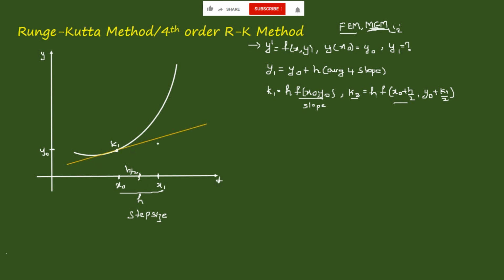If you could draw it in a graph, this is the slope of k1. Now we'll be considering a point here, and we'll be finding one more slope. If you consider this point as k2, then we'll be finding the value of k3 also, which is equal to h into f of x naught plus h by 2 comma y naught plus k2 by 2.